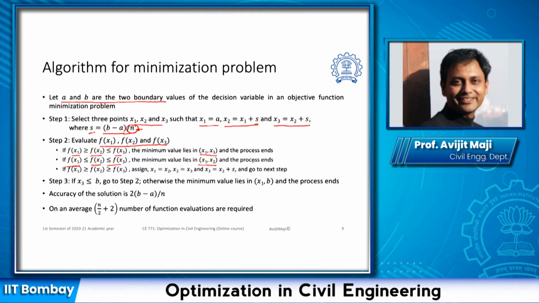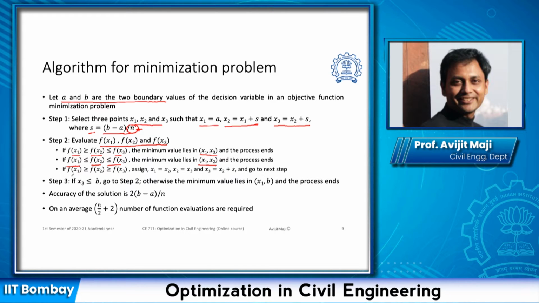We are only going from the lower boundary towards the higher boundary, and x1 represents the lower boundary, so there is no way of going to any lower value than this.